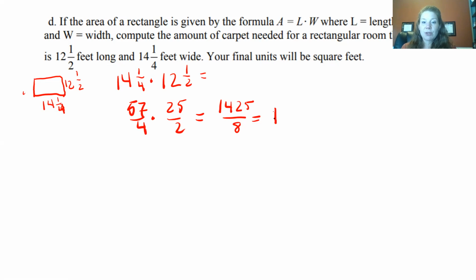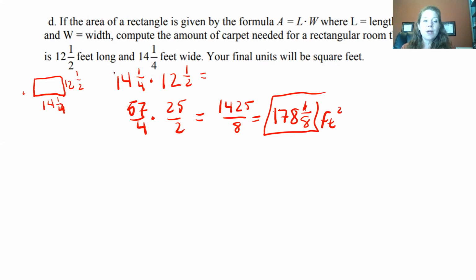My calculator tells me it'll go 178 times. 178 times 8 is equal to 1,424. So my remainder would be 1/8. So my final unit will be 178 and 1/8 feet squared.